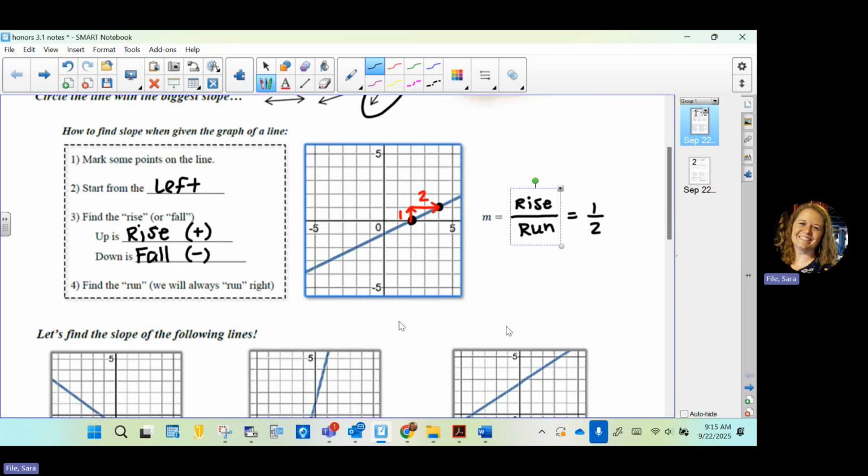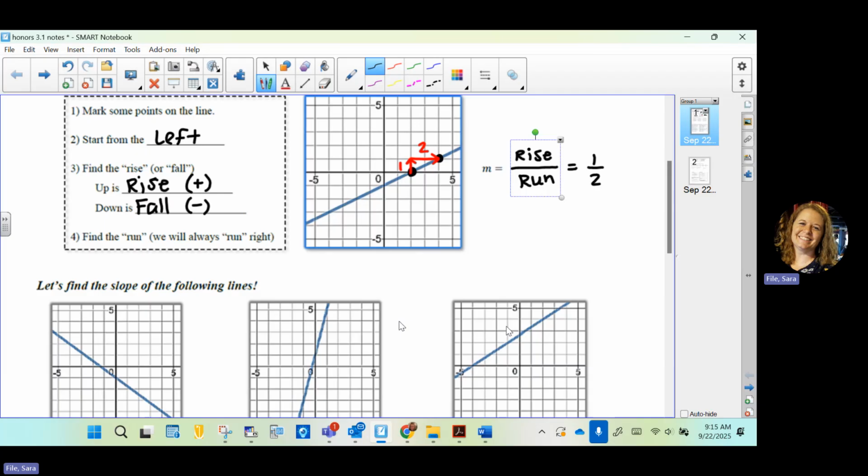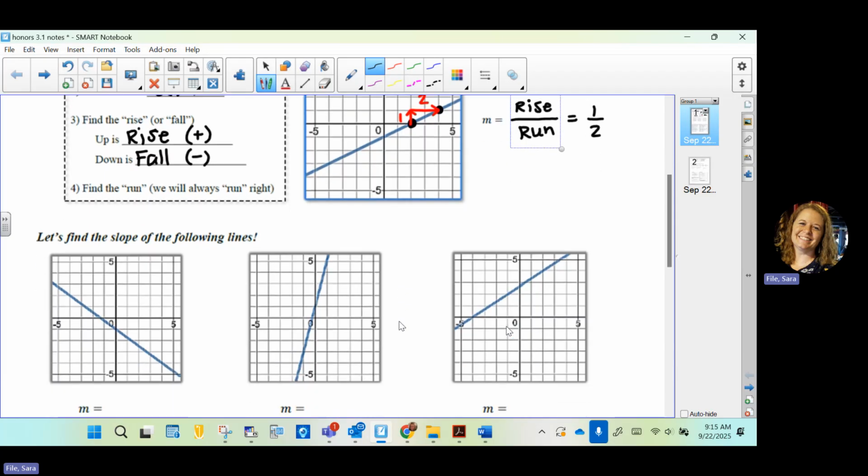Everybody good? All right, now here we're going to practice that with pick 2 points on the grid and count and see if you can get your slope. Now, remember, not everybody may pick the same 2 points. So if you get a fraction that's different than somebody at your tables, maybe y'all picked different points and somebody maybe needs to reduce.